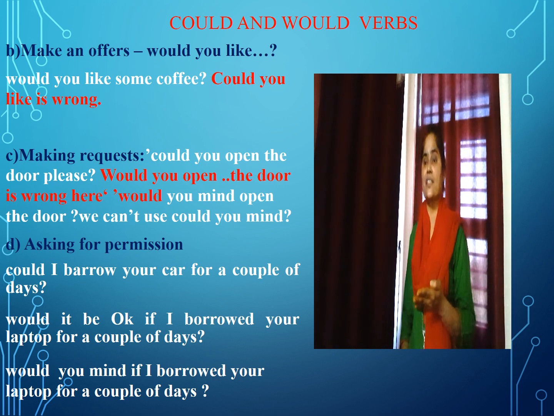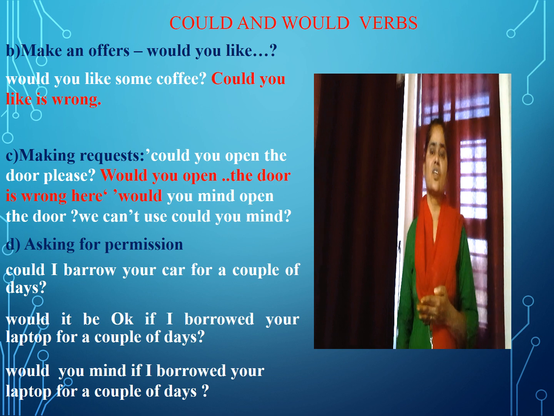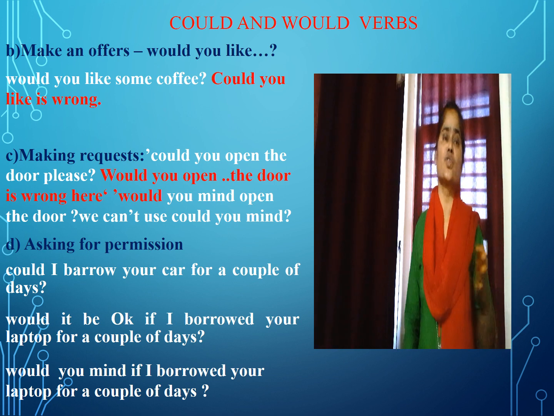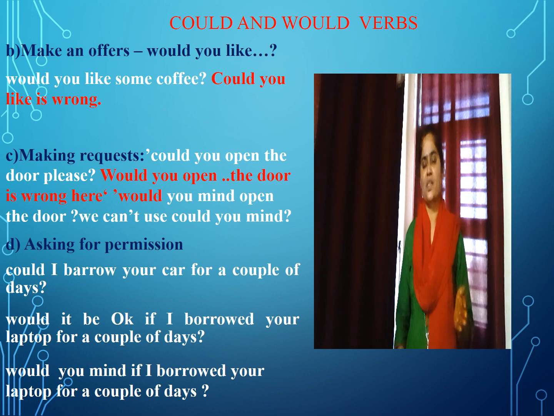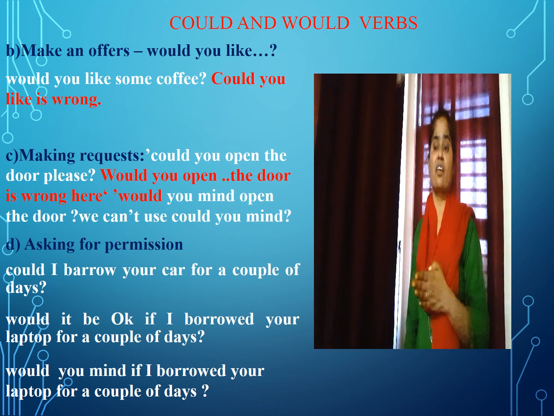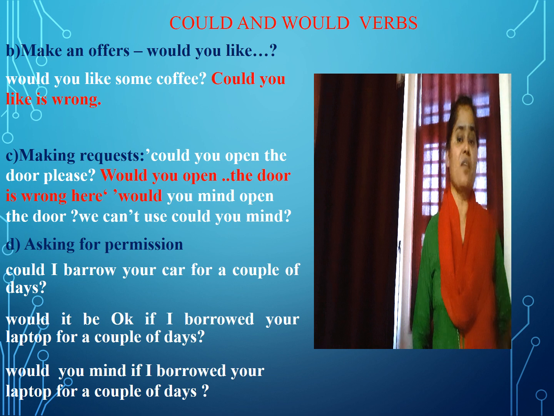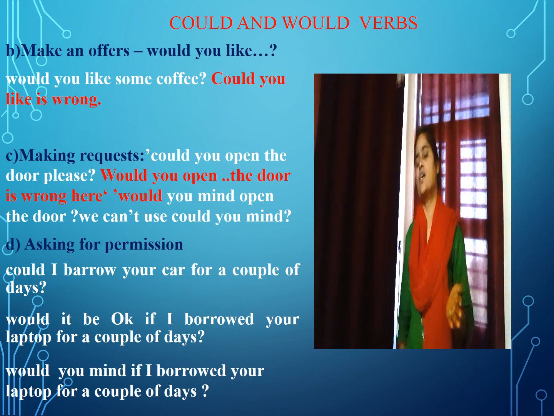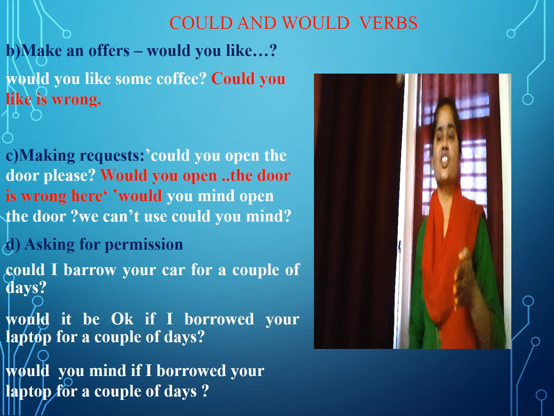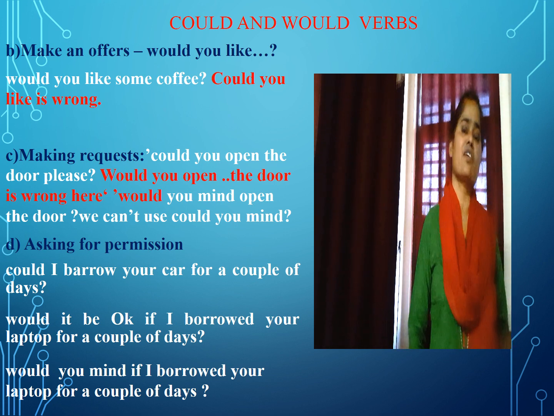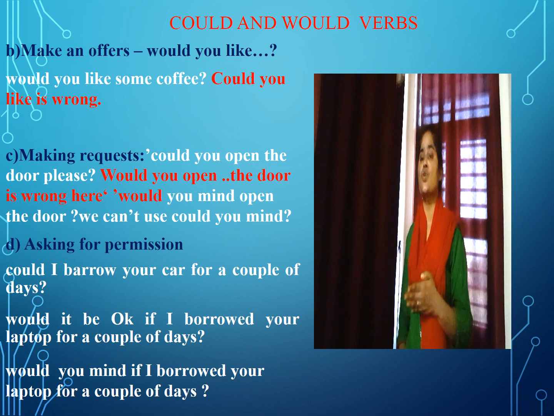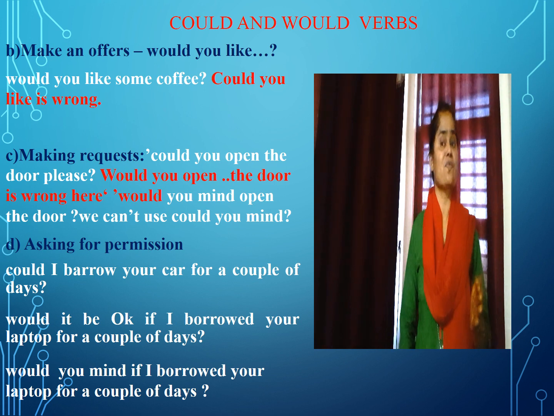Maybe I am saying this to a friend, so I am asking my friend for permission to use his laptop. I can also say, would it be okay if I borrowed your laptop for a couple of days? Or would you mind if I borrowed your laptop for a couple of days? Would you mind can be used to ask permission as well.